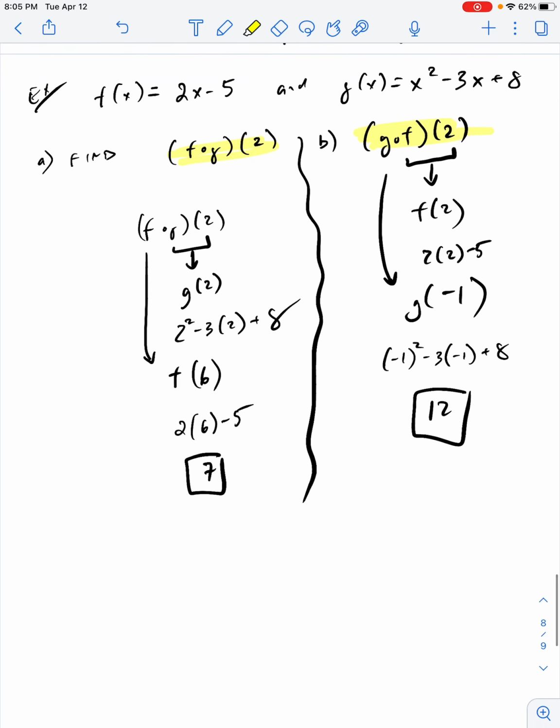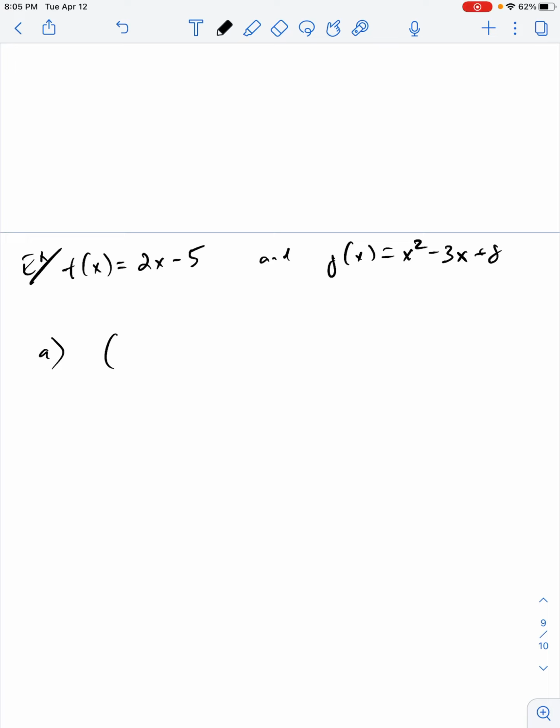We don't necessarily have to use numbers. I mean, we can just stick with the letters if we wanted to. Right, back to that same example. All right, once again, I want you to find f circle g, this time of just x, right?